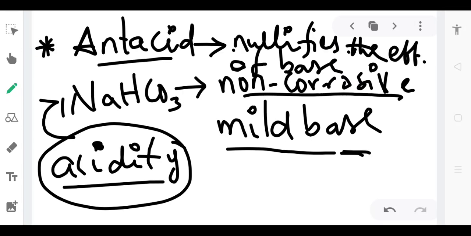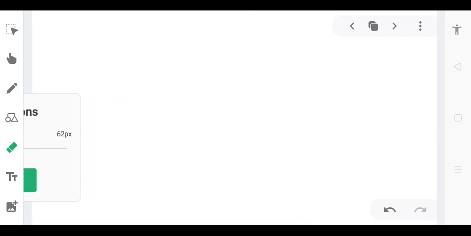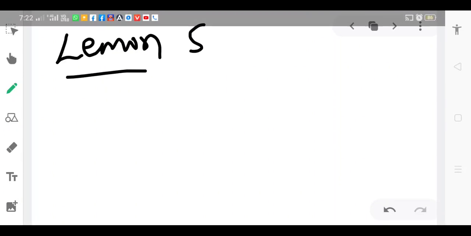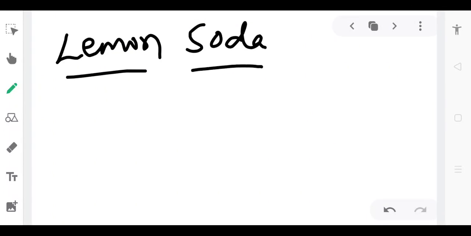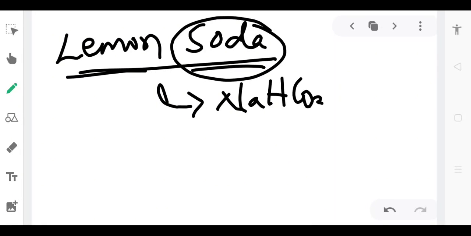And one more thing: when we feel our stomach is swelling or feel acidic inside our stomach, we go and drink lemon soda. Lemon soda contains sodium hydrogen carbonate, which is nothing but baking soda.